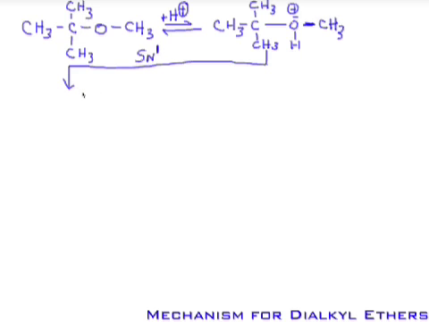If SN1 occurred first, I would get methanol plus tert-butyl carbocation.